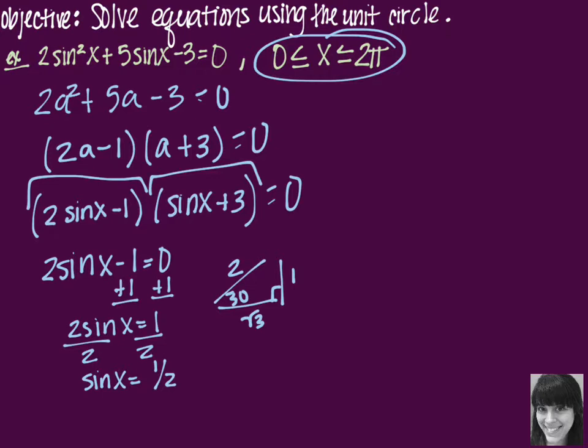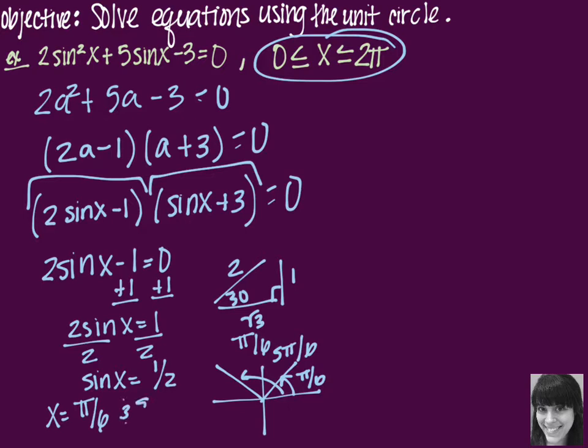If you convert 30 degrees into radians, you get pi over 6. And because sine is positive in the first quadrant and in the second quadrant, this is going to be pi over 6, and then this is going to be 5 pi over 6. So x equals pi over 6 and 5 pi over 6 for that binomial.